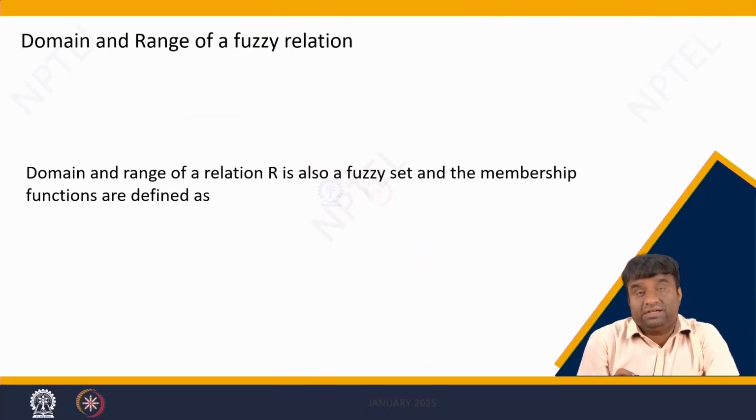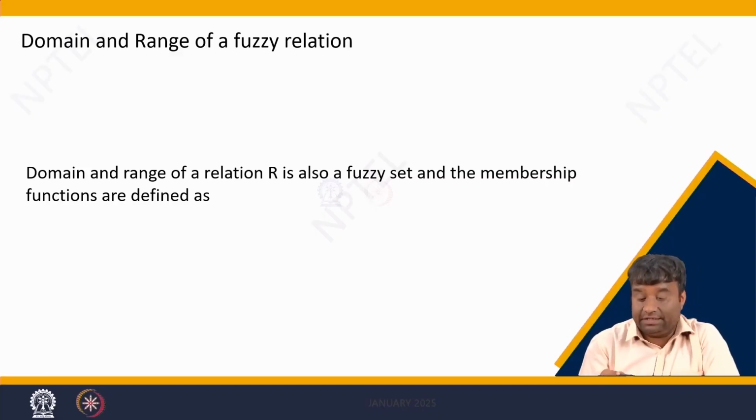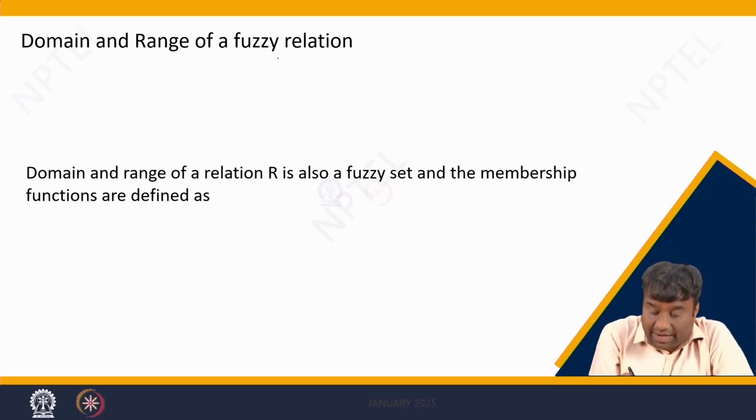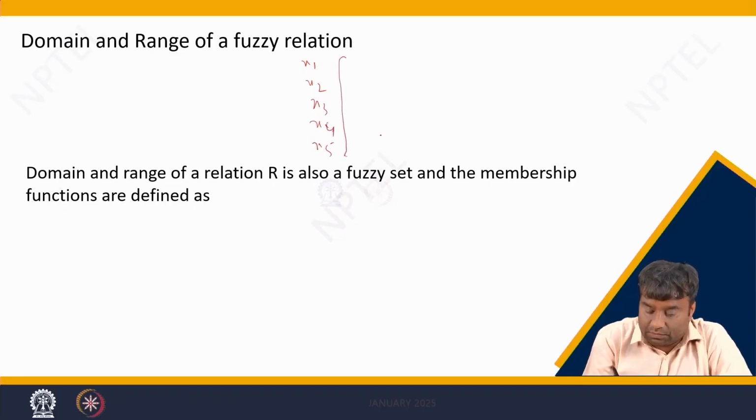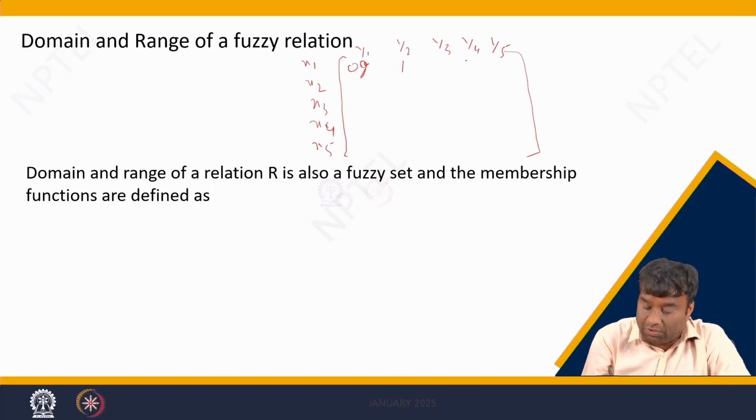Now we will try to understand the domain and range of a fuzzy relation. For this, we write a fuzzy relation in the form of a membership matrix. Let the elements be x1, x2, x3, x4, x5 in the rows, and in the columns y1, y2, y3, y4, y5, so we get a 5 by 5 matrix. x1 with y1 has value 0.9, with y2 value 1, and the rest we assume 0.